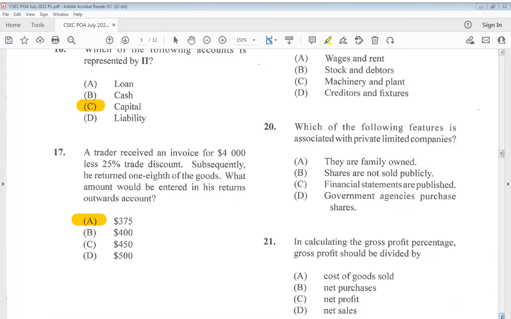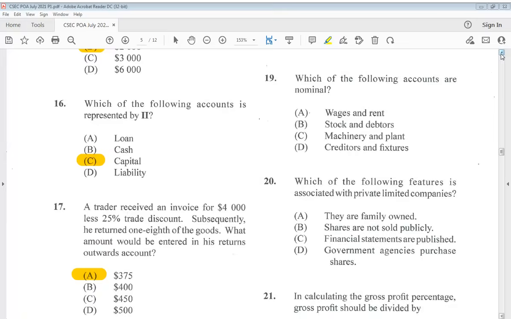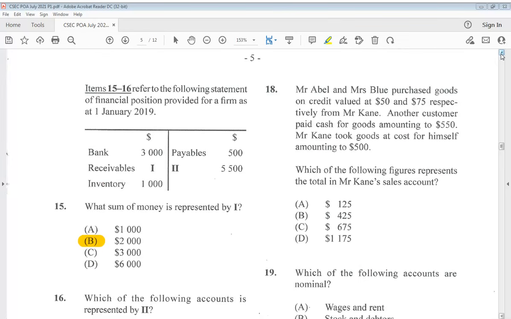Let's go to number 18. Says Mr. Abel and Mrs. Blue purchased goods on credit valued at $50 and $75 respectively from Mr. Kane. Another customer paid cash for goods amounting to $550. Mr. Kane took goods at cost for himself amounting to $500. Which of the following figures represents the total in Mr. Kane's sales account? So we're looking at Mr. Kane's sales account.